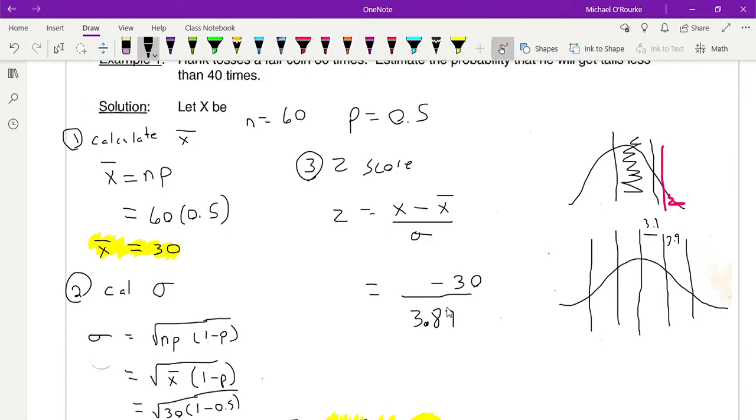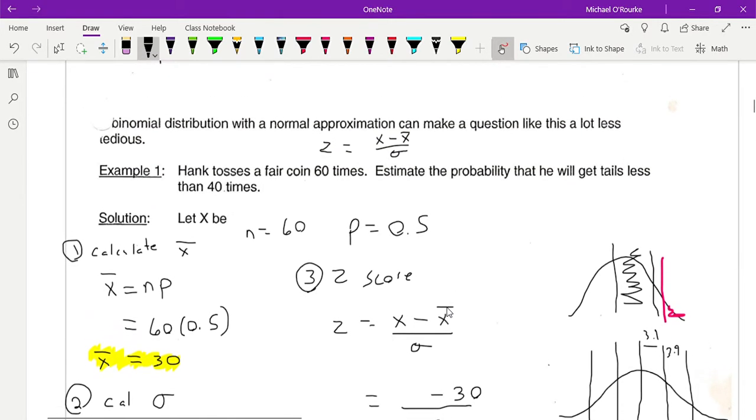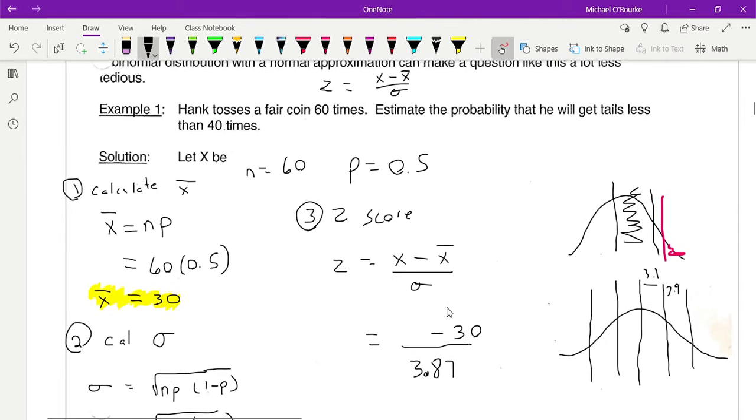All right. So estimate the probability that he will get tails less than 40 times. X is not 40. Less than 40 times. You're almost there. 39.4.